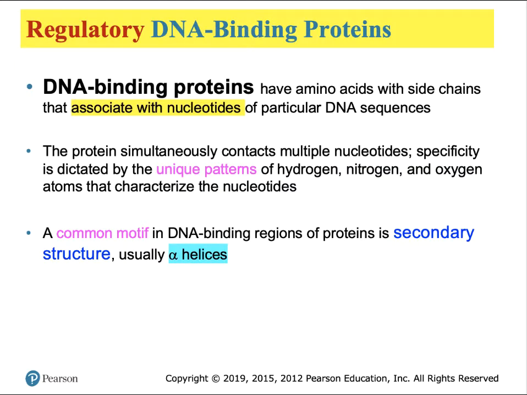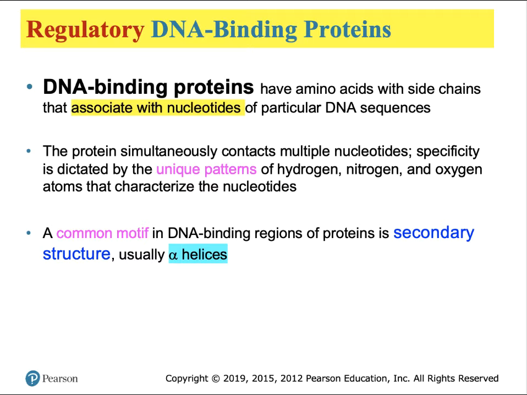When one examines the overall three-dimensional structure of proteins which interact with DNA, one finds a series of common motifs or patterns that occur. And these DNA binding proteins fall into three discrete buckets, those being Helix-Turn-Helix motifs, leucine zippers, and zinc fingers.